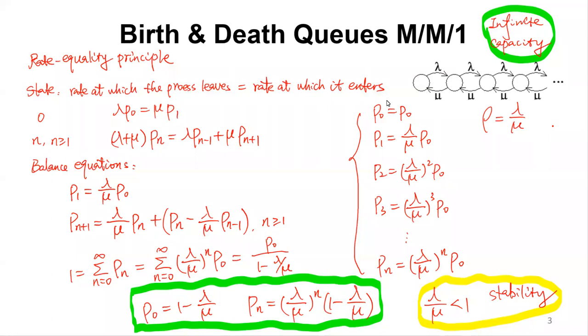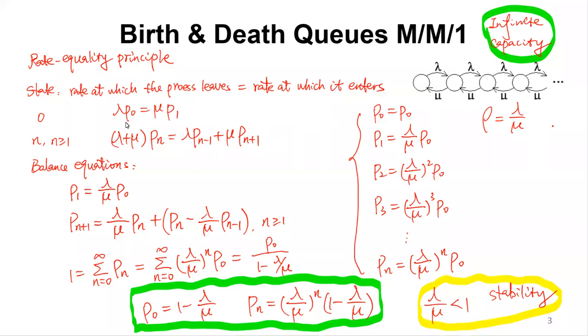For state n, the rate at which the process leaves is (lambda plus mu) pn, and the rate at which it enters will be lambda p(n-1) plus mu p(n+1).